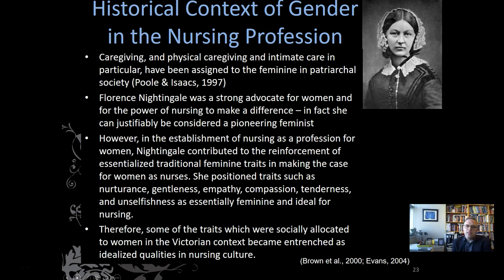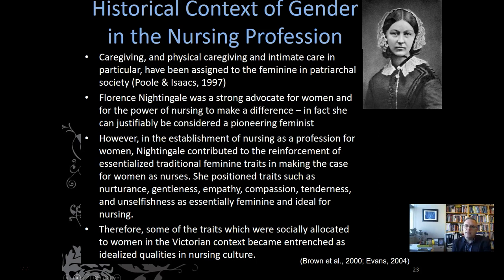But what she was basically doing is engaging in strategic essentialism to try and advance the cause of women at that point in time. She drew on society's understanding of what society believed women were and what they were capable of in order to make a case for women to engage in the profession of nursing.